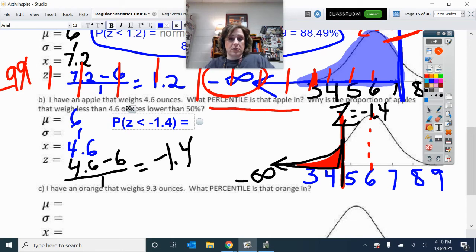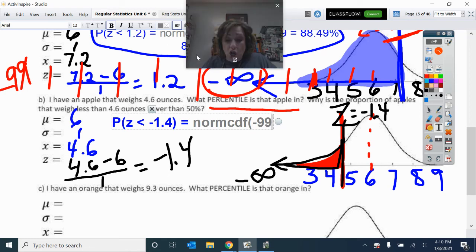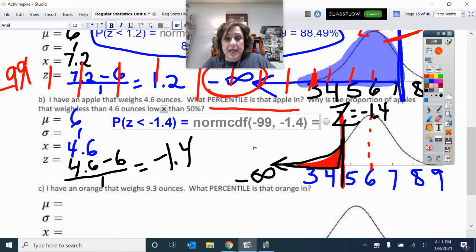And that equals. Okay, now I'm going to type this in here, but you don't have to. I'm going to do it in gray because it's not required. Norm CDF from the lowest part. Where was the lowest? Negative infinity, which I simulate with negative 99, comma, negative 1.4. Okay, and then that equals, and I'll do the answer.